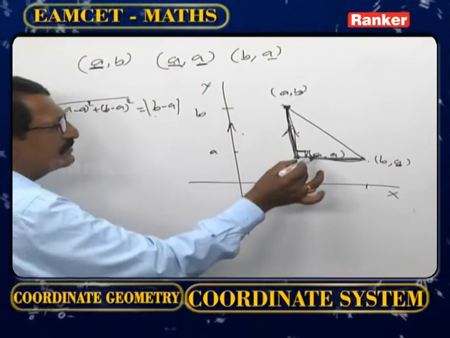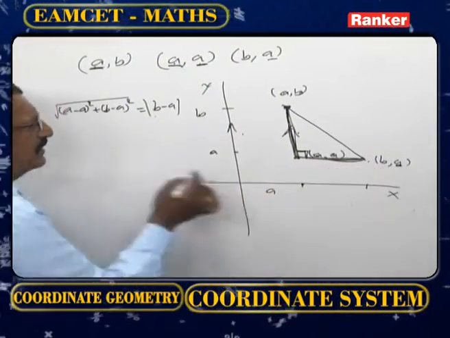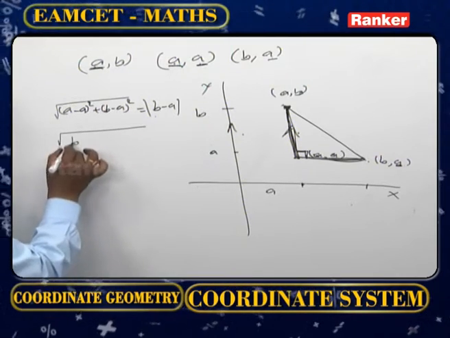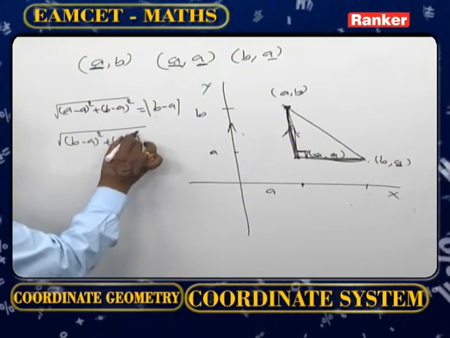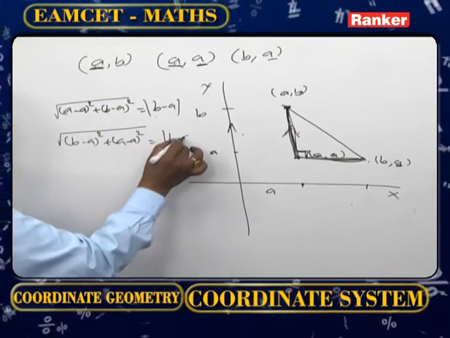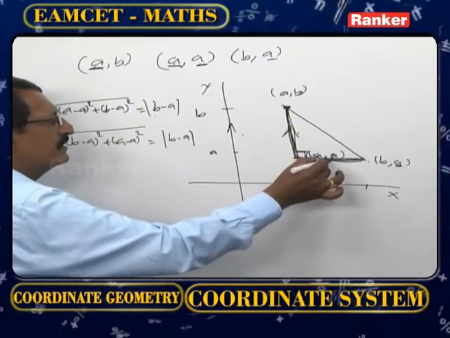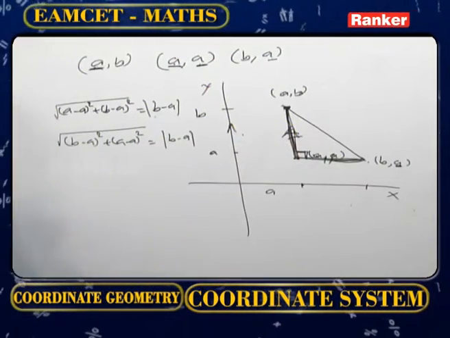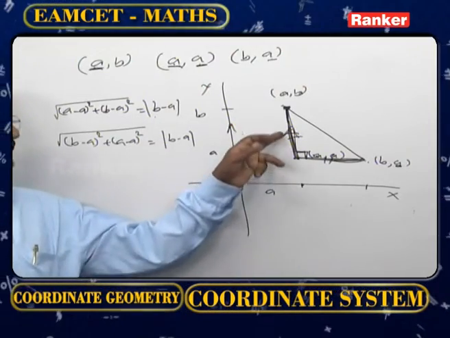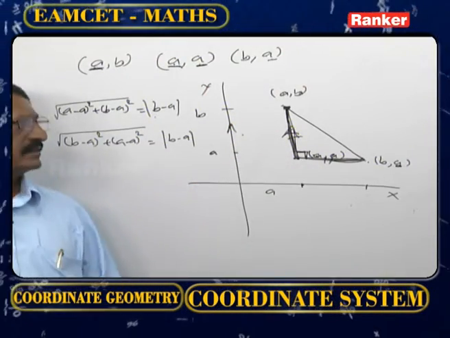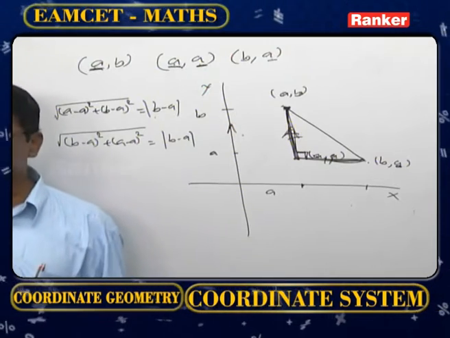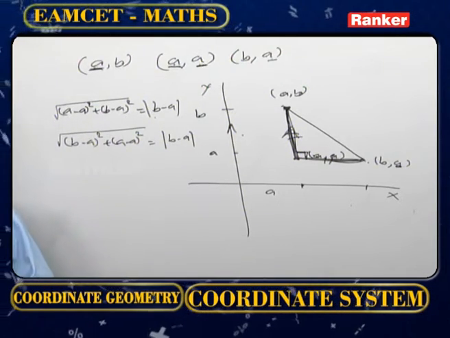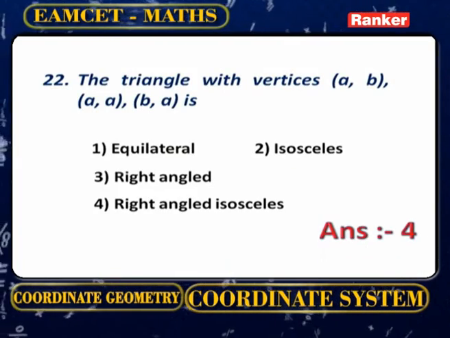Similarly, the distance between a comma a and b comma a equals square root of b minus a whole square plus a minus a whole square, that equals mod of b minus a. Now two sides are equal and one angle is 90 degrees, then the triangle formed by the given 3 points is a right angled isosceles. Then the option is the fourth option, right angled isosceles.